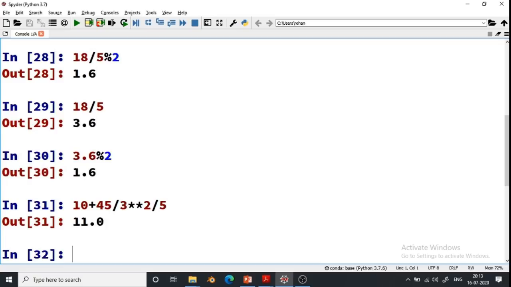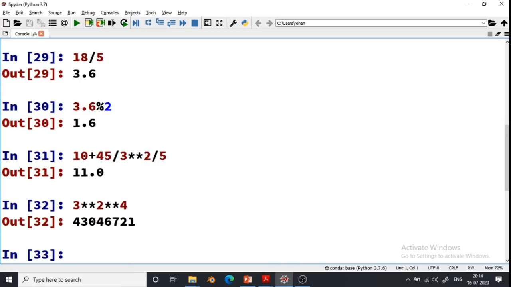Now suppose we have an operation like this, 3 double asterisk 2 double asterisk 4, 3 raised to 2 raised to 4. In this case, there is the same operator twice, which is the power operator. The only difference between other operators and the power operator is that if there are multiple power operators, the operations are carried out not from left to right, but from right to left. So let's see that.